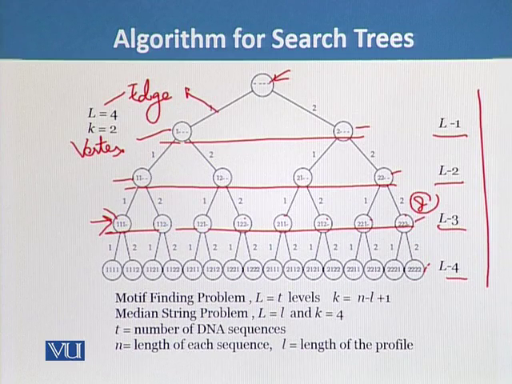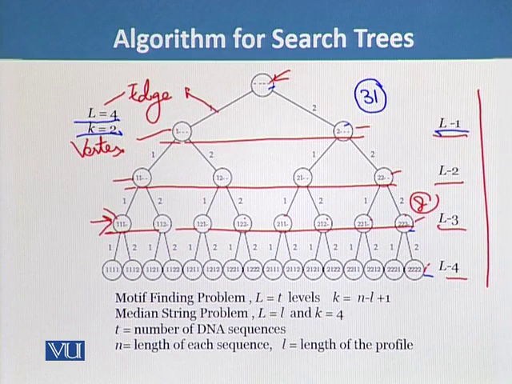The tree we can see here has 4 levels and k is equal to 2, and if we calculate all the vertices from level 1 to level 4, it comes out to be 31 vertices.